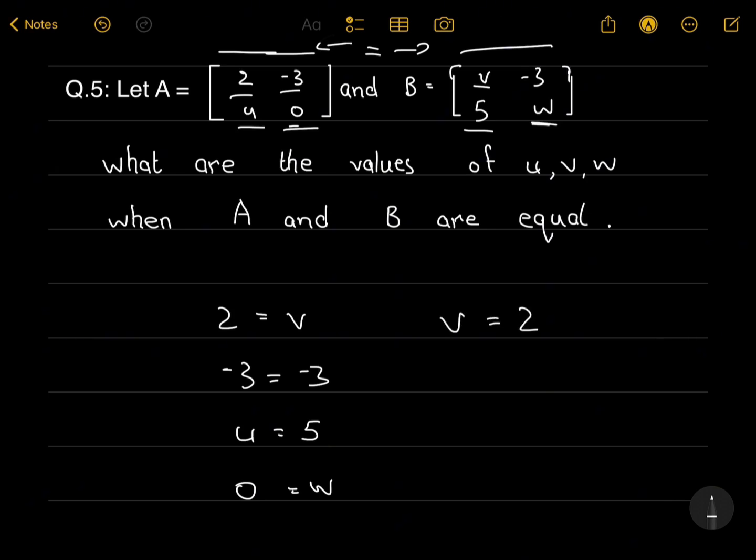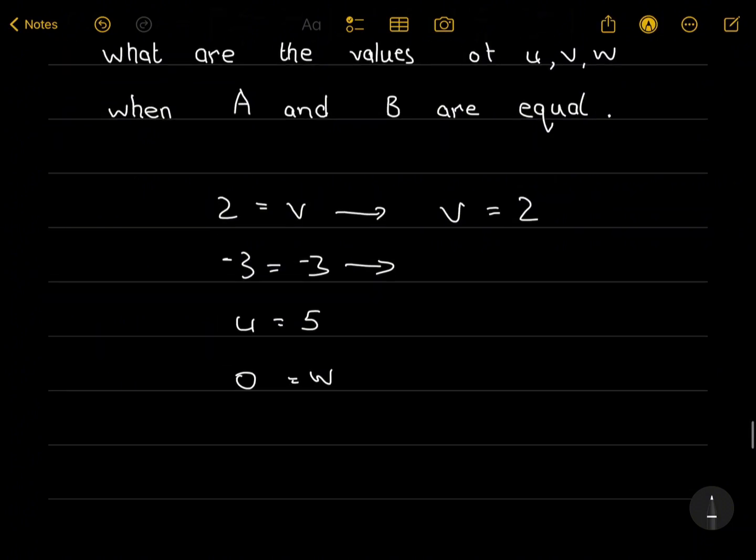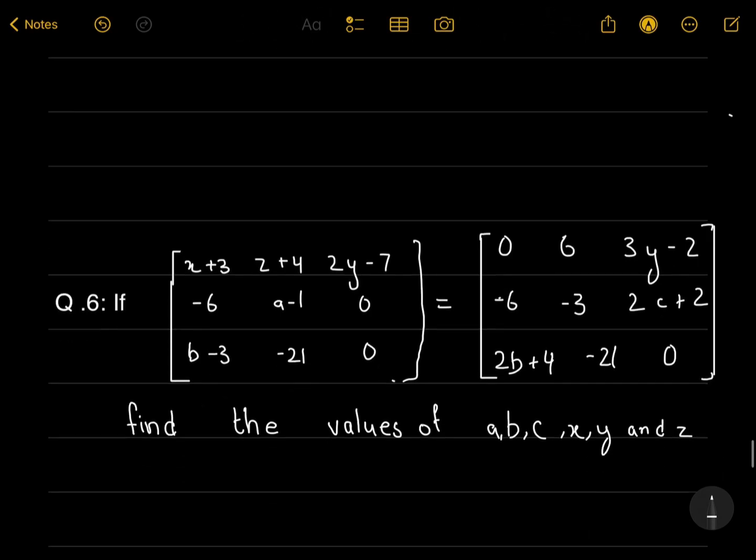So V is equal to 2, rearranging this, and of course this is all equal, and U is equal to 5, and W is equal to 0. So the value of V is 2, U is 5 and W is 0.